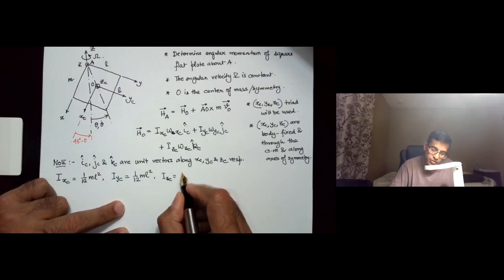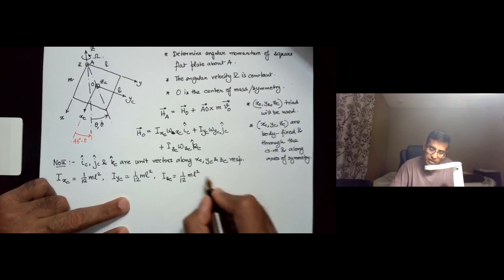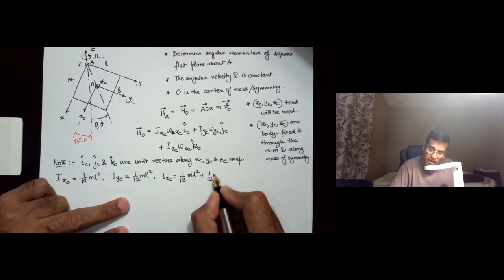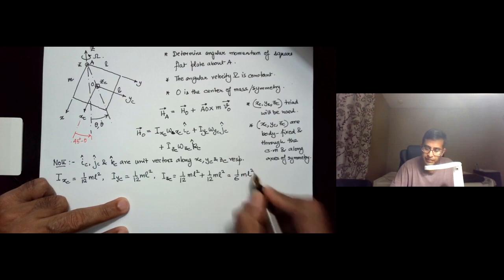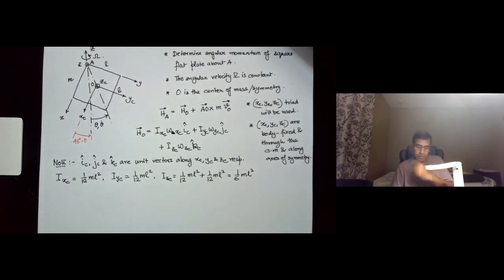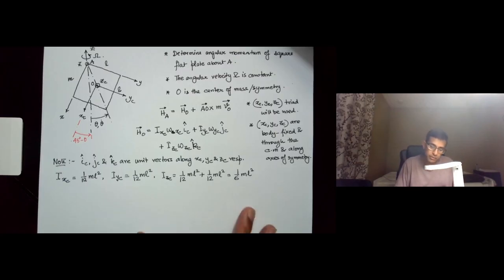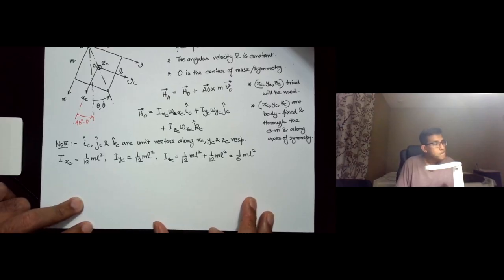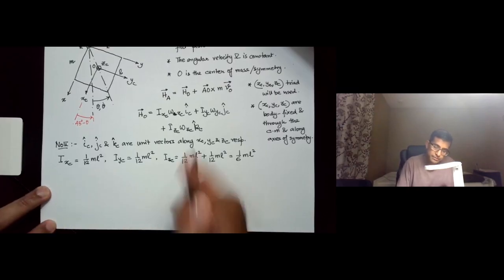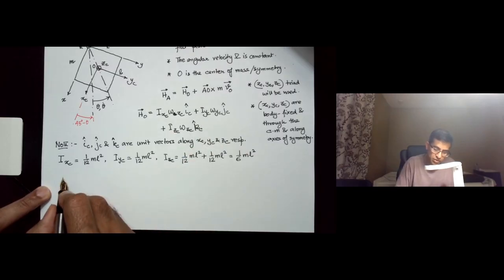So in this case, it's going to be 1/12 ml squared plus 1/12 ml squared, which is equal to 1/6 ml squared. You can of course look up the formulas for these moments of inertia in any textbook and you will be able to find them. So we have the moments of inertia sorted out.